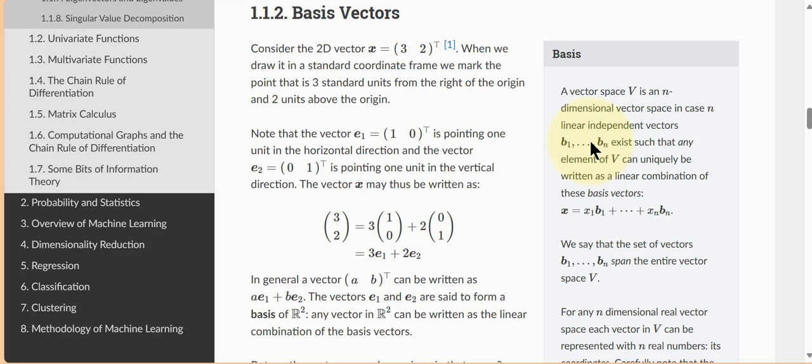So what they're defining here is what is the meaning of the n-dimensional part of it. In other words, when do we call something two-dimensional? When do we call something three-dimensional?